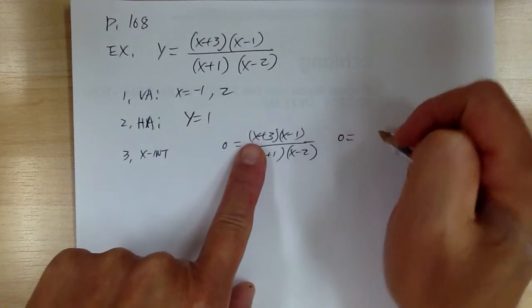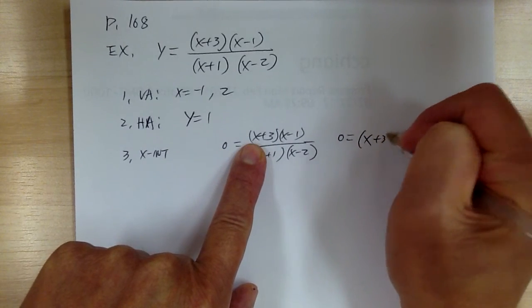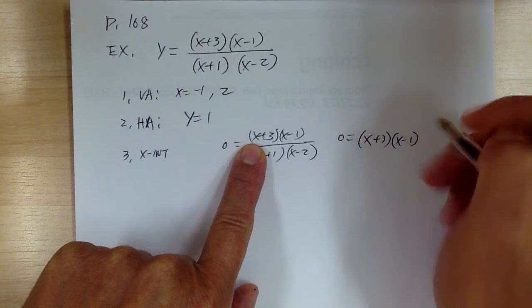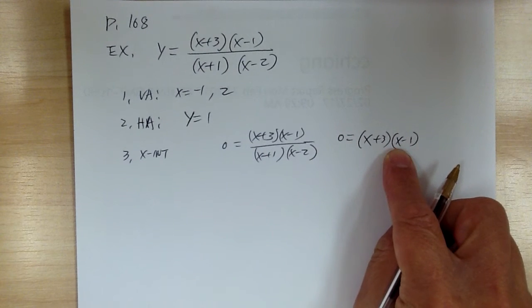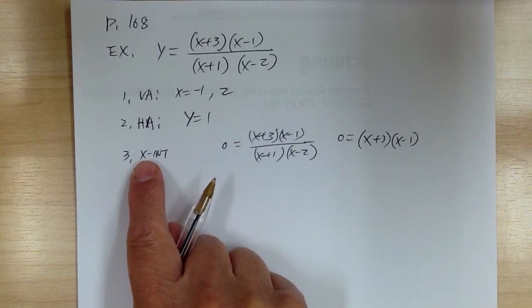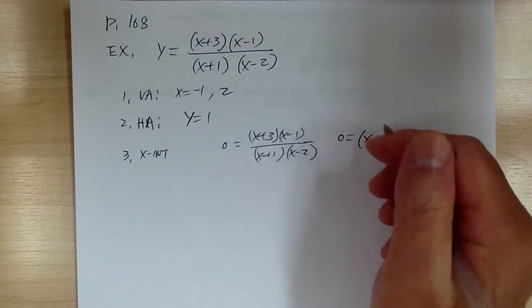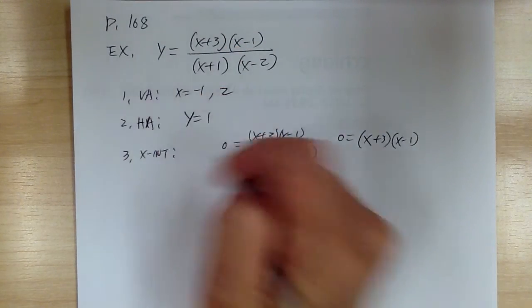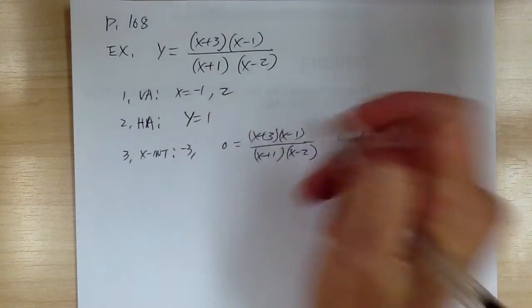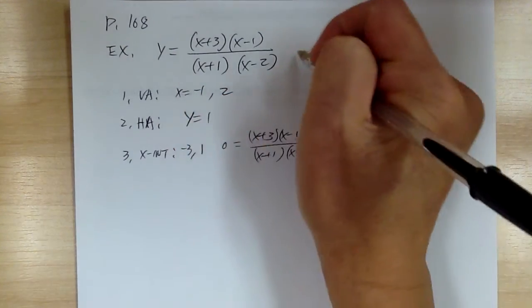The only thing you have to worry about is the top. So in the future, when you're looking for the x-intercept, just look at the top. So for the x-intercept, from here you get -3, and from here you get 1.